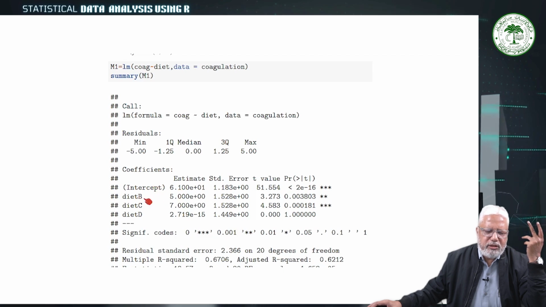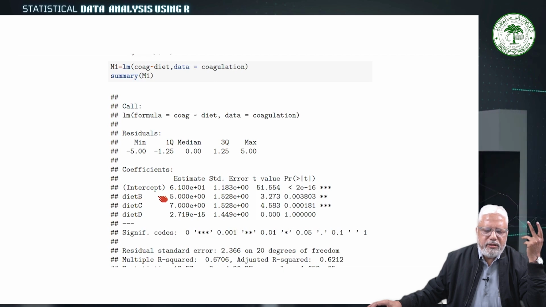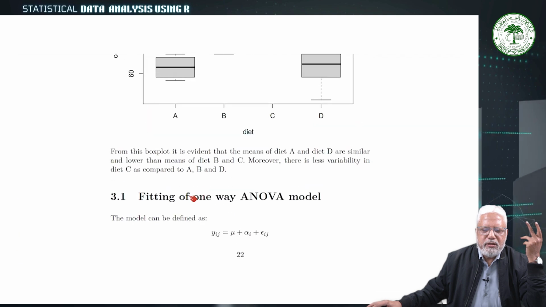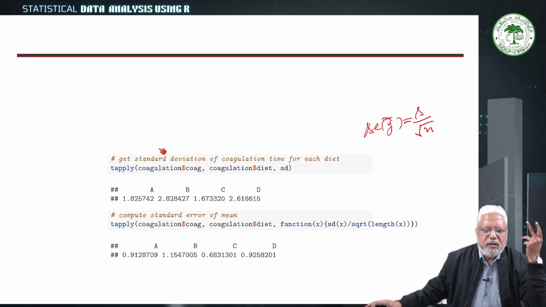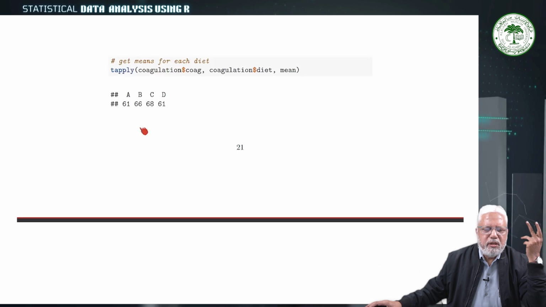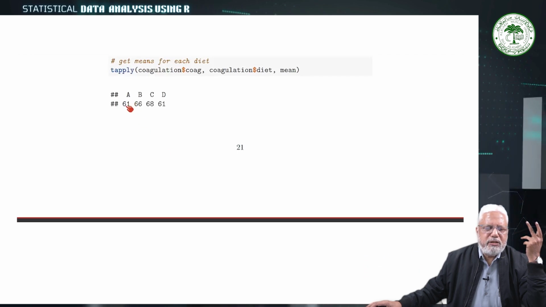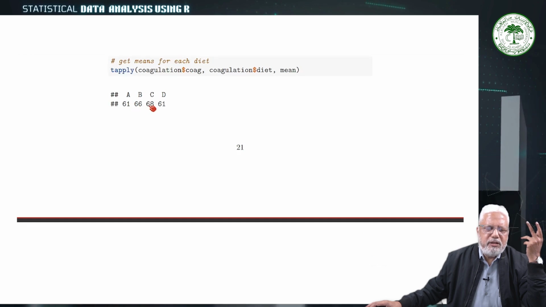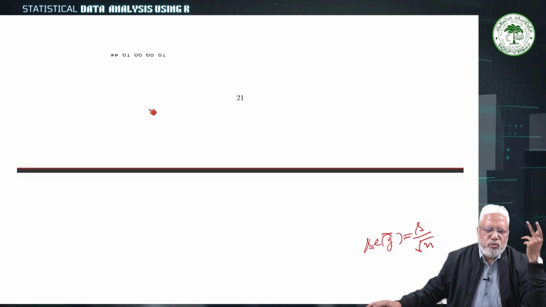So it is actually diet B versus diet A, because if you look at the difference of the means, 66 minus 61 is 5. Similarly, for diet C, 68 minus 66 is 2, and here it is 0.